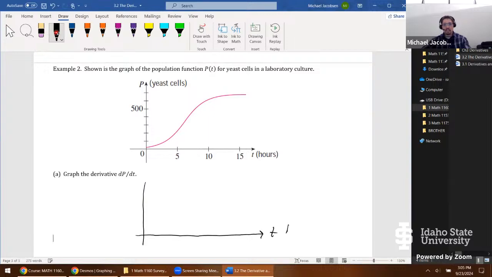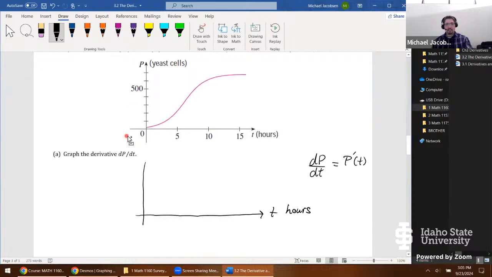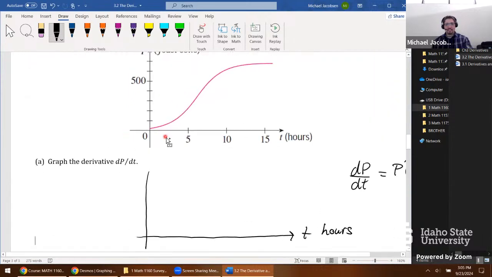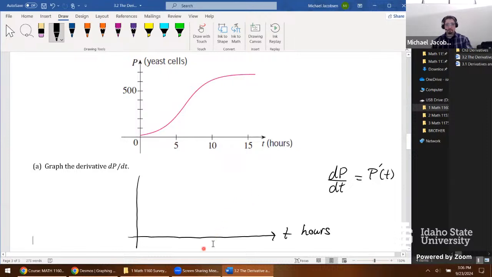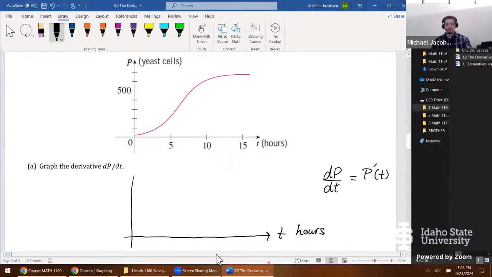There we go. So this is t hours again, but here we're plotting dp/dt. Just to emphasize, we're plotting p prime at t, the derivative of the population function. So out here, let me see if I can zoom in just a touch to really see that. Out here, we have a horizontal, well, not quite a horizontal tangent line, but pretty close.